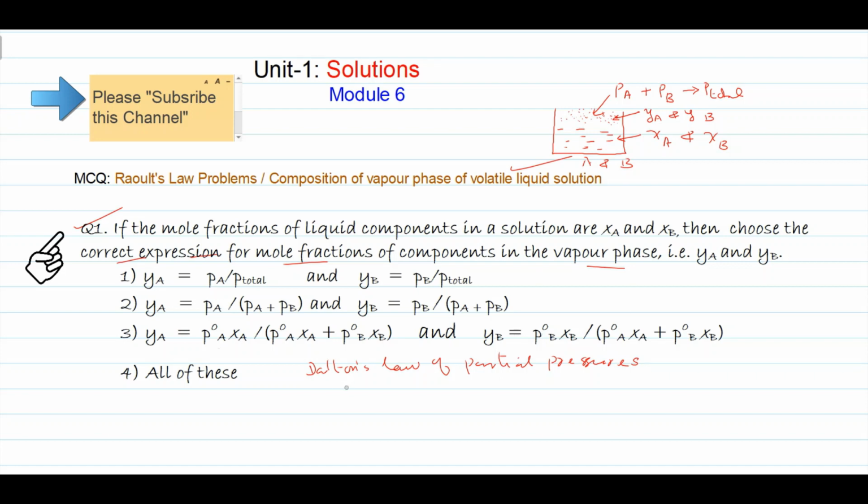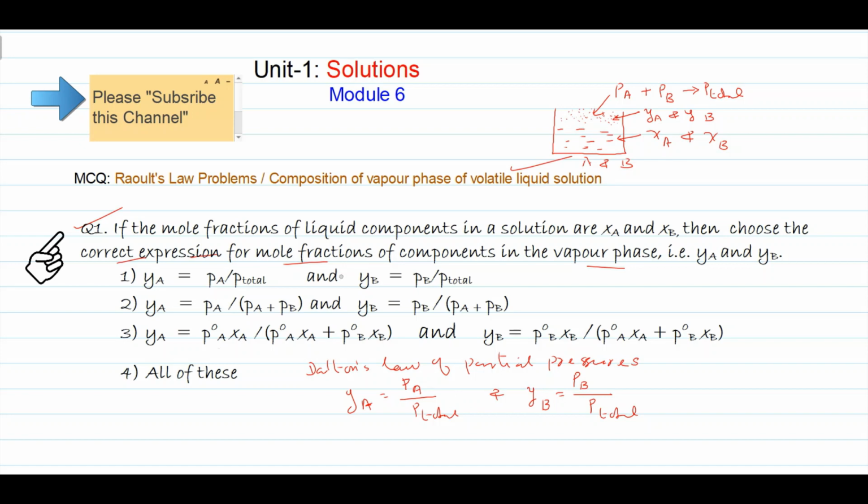Then applying Dalton's law of partial pressures, Ya, that is mole fraction of component A in the vapor phase, is equal to partial pressure of component A by total pressure P total. Same way, Yb, that is mole fraction of component B in the vapor phase, is equal to partial pressure of B, Pb, by total pressure P total.